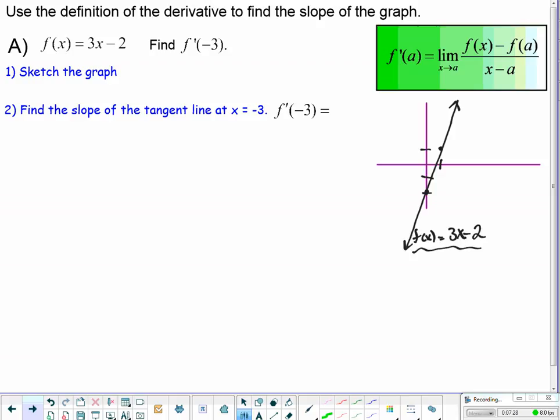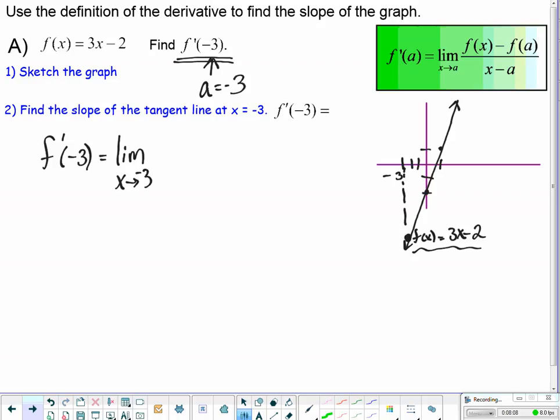This is a rather easy example to start with, but I just want to get you familiar with working out the algebra involved. So this asks us to find the slope when x is -3. If I were thinking about -3 here, what is the slope at that particular point? Well, we can calculate it using this definition of a derivative provided by the limit as x moves to a. In this case, my a value is -3.